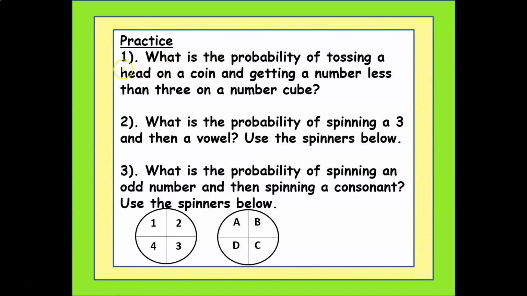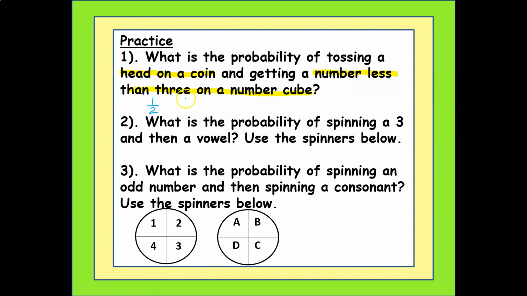So our first probability that we need to calculate is flipping a head on a coin. So we know that the probability of getting a head on a coin is 1/2. Then our second probability that we need to calculate is a number less than 3 on a number cube. So what numbers are less than 3? We have a 1 and a 2.